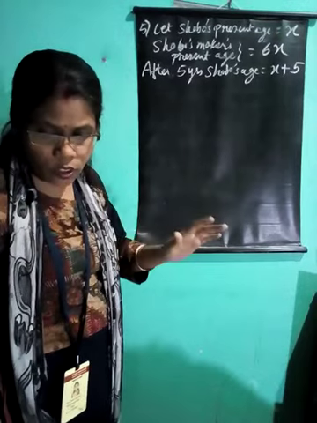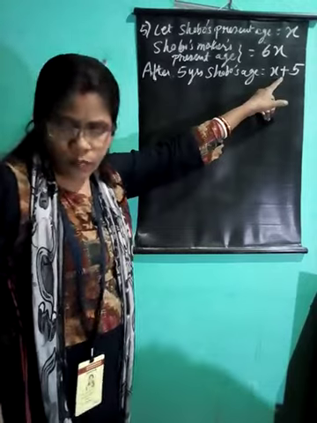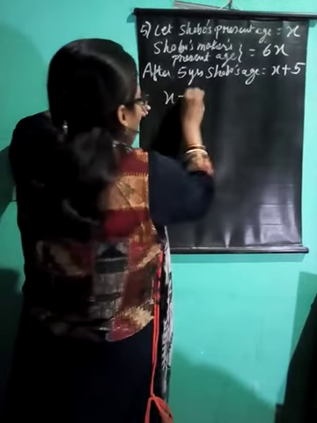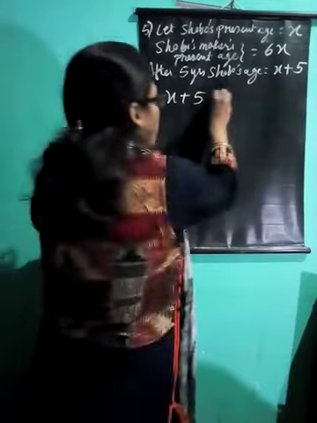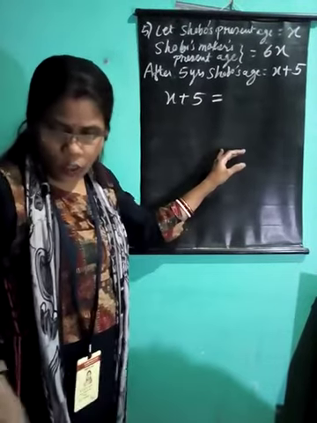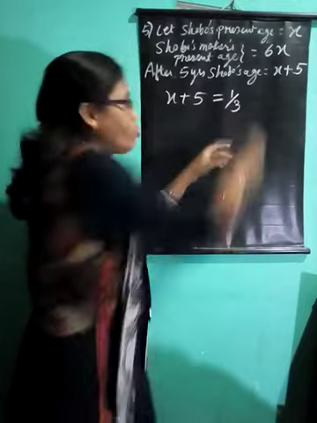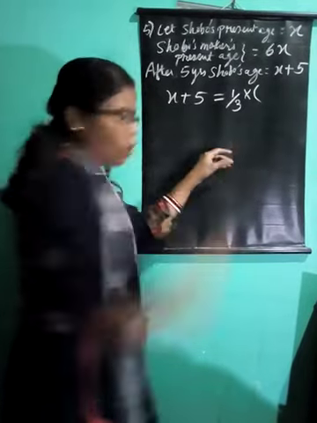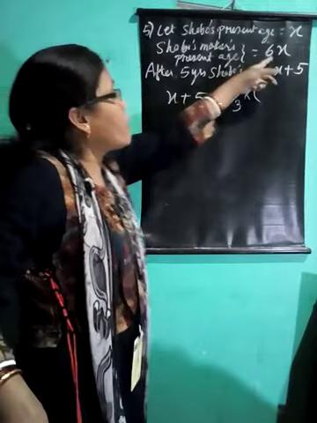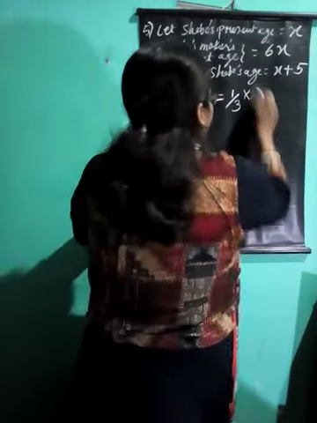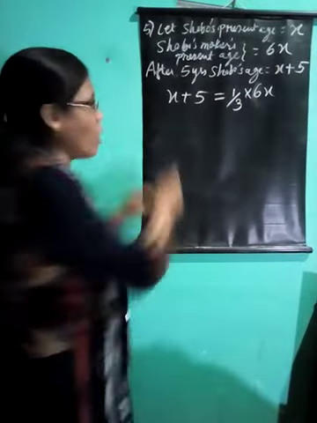See the relation here. It means x plus 5 will be equal to 1/3 of what? Of mother's present age. What is mother's present age? 6x. So you can directly write here 6x. Got it? Now this is your equation.